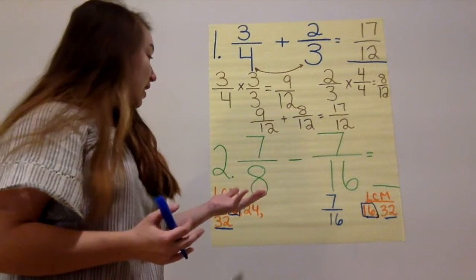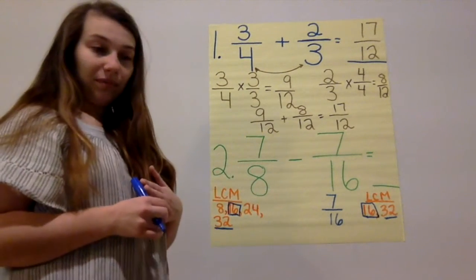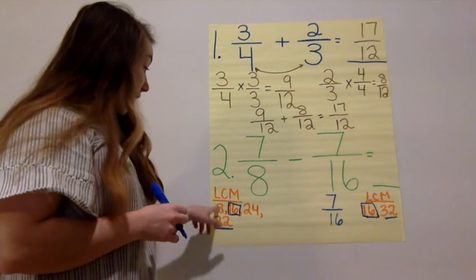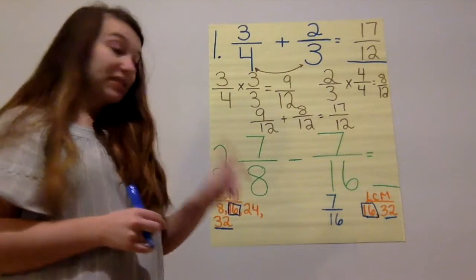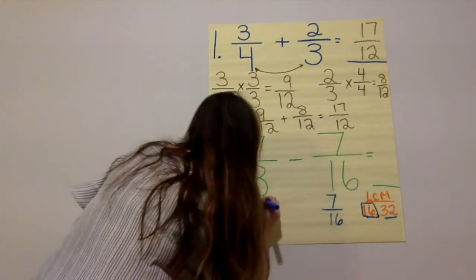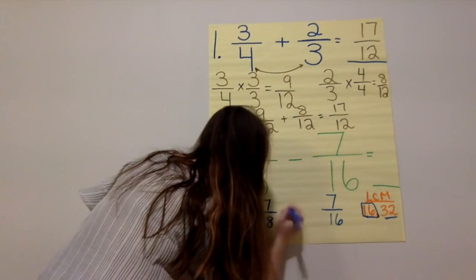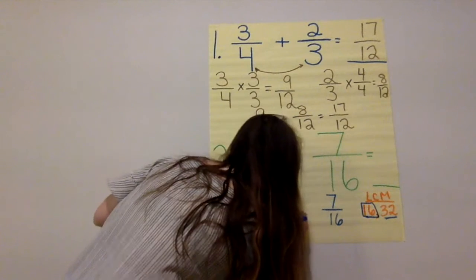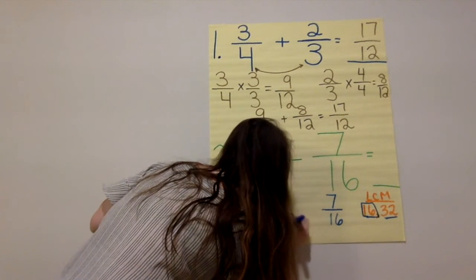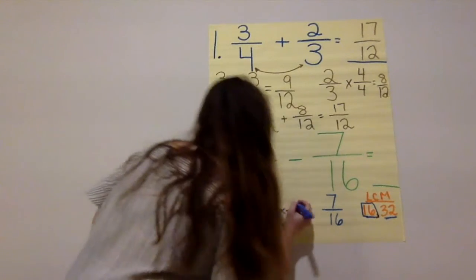So we have to ask ourselves, 8 times what is going to give us 16? Well, in our chart, it is 8 times 2. It's our second number, right? So I'm going to have to do 7/8 times what? 2. But it can't just be 2, because whatever we do to the bottom, we have to do to the top.